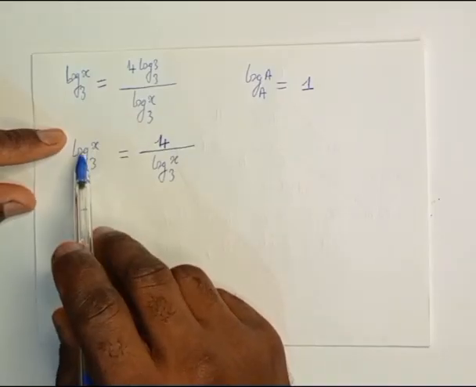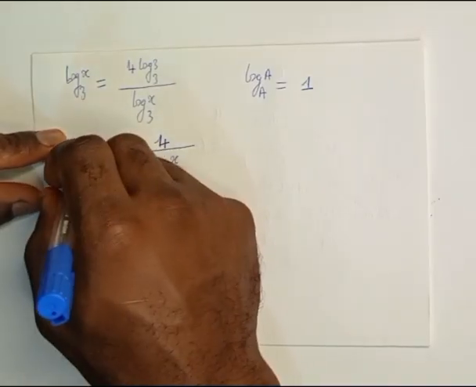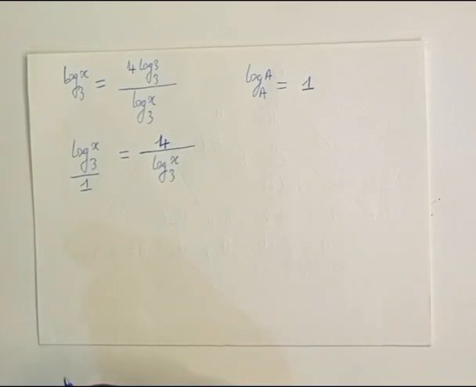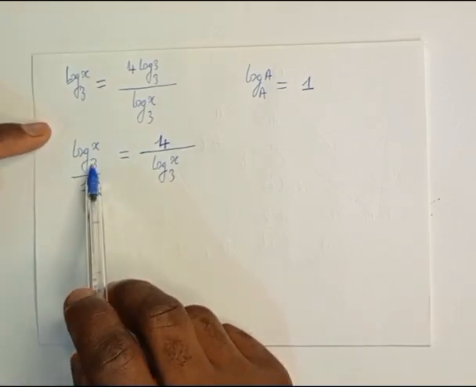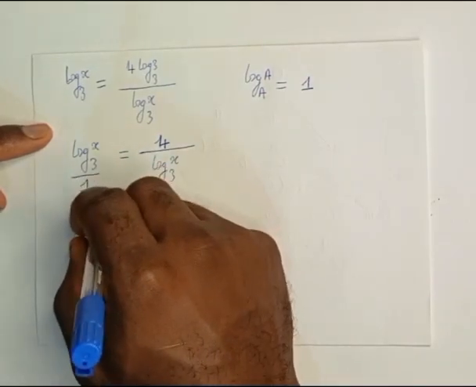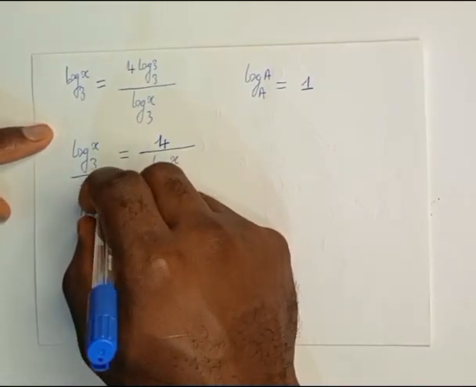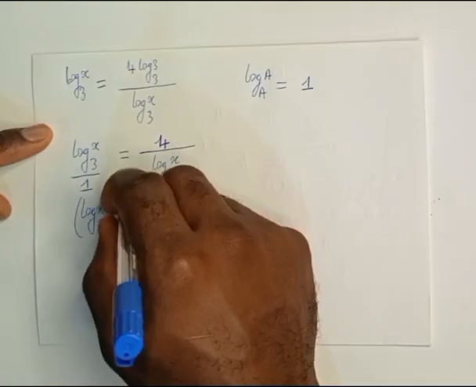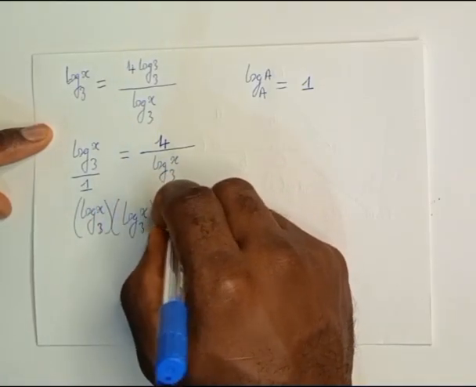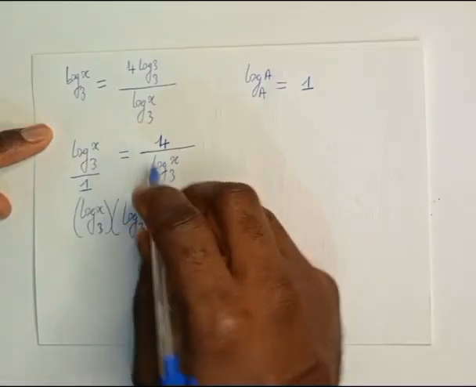We can express log x base 3 as log x base 3 over 1. Next step, we are going to perform cross multiplication. Log x base 3 times log x base 3 is equal to 1 times 4.